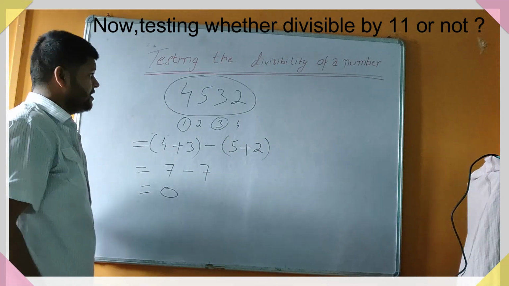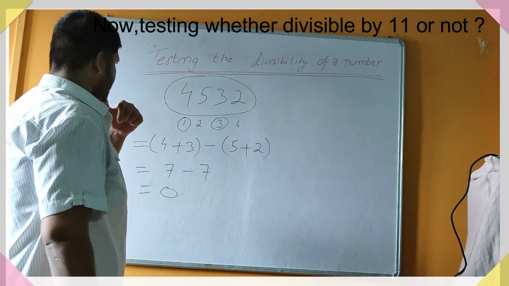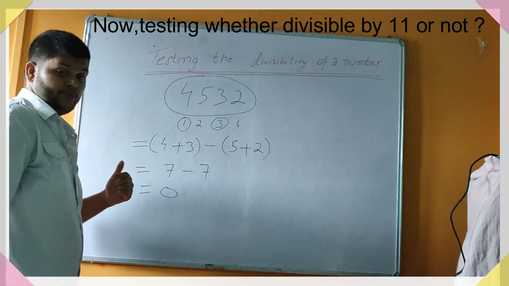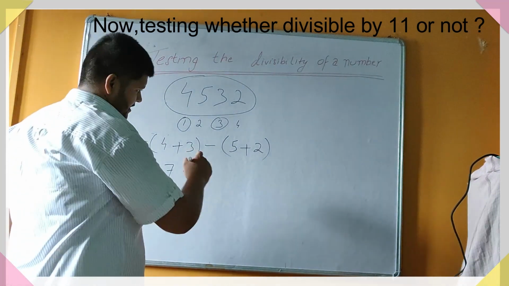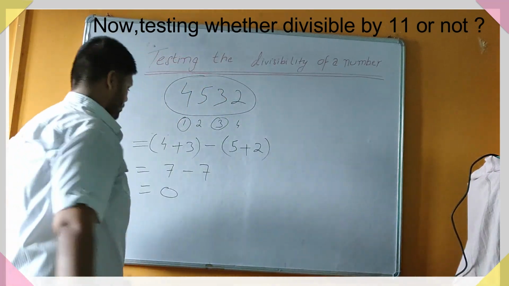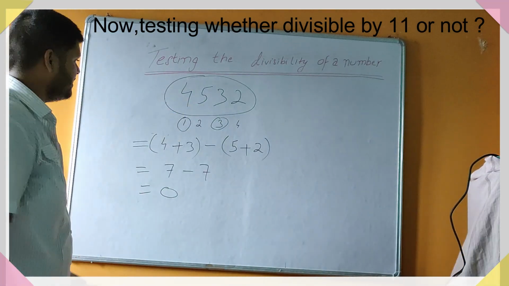Result is coming 0. That means whether this number is divisible by 11 or not, let us test it. Here it is coming 0. So yes, this number will be divisible by 11.